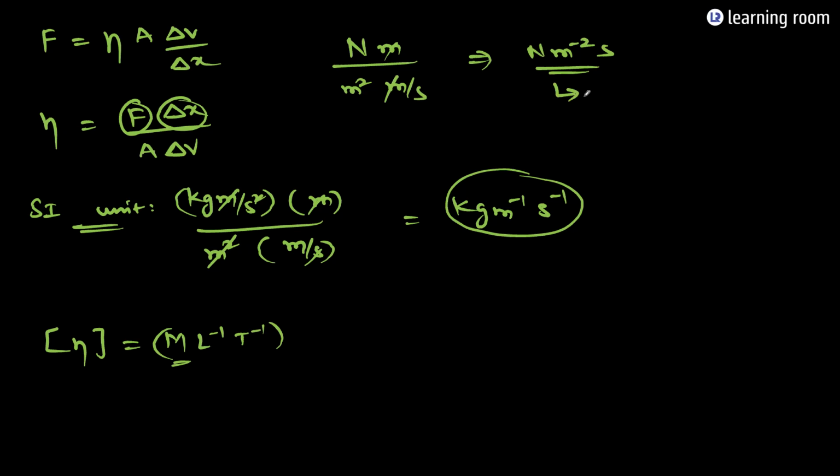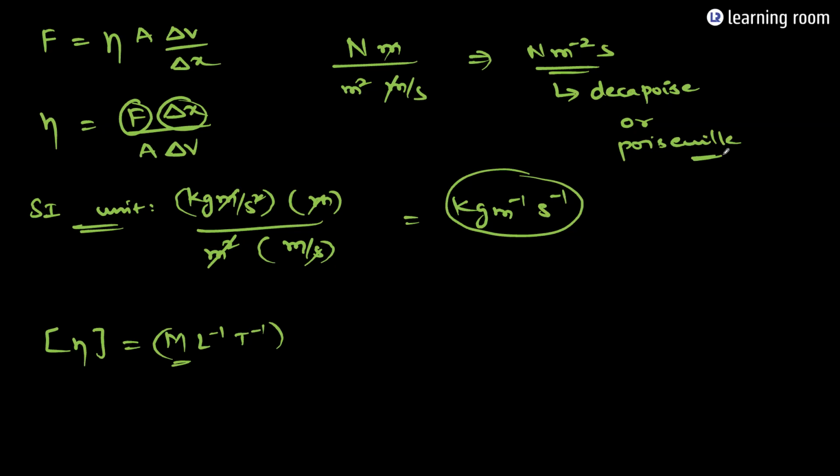Then this value is given a name called decapoise, or it is also called Poiseuille.